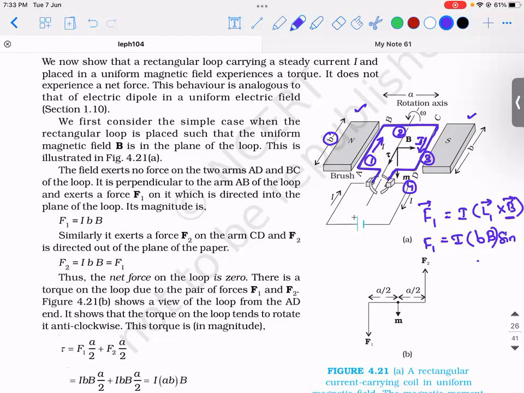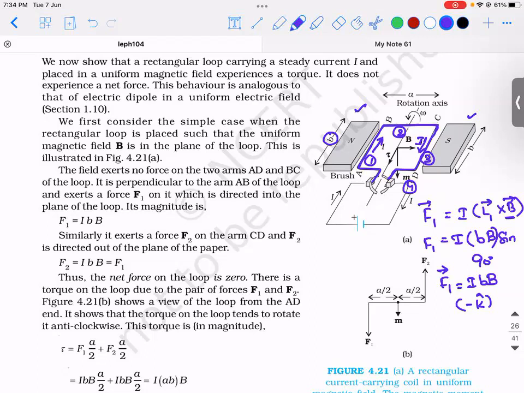Sine of 90 degrees. So I into B sine 90 degrees is going to be the value of F1. But if I put the same thing in terms of direction, what will it give us? So it should be minus k cap, right? So it will give us minus k cap, right?